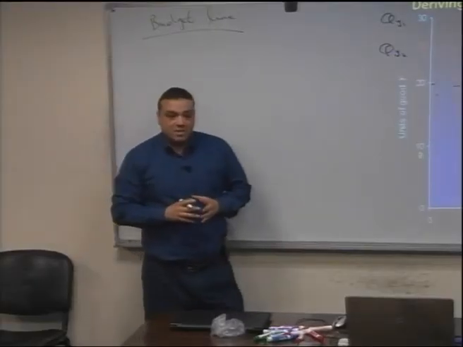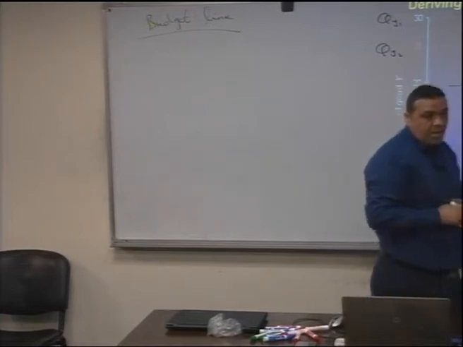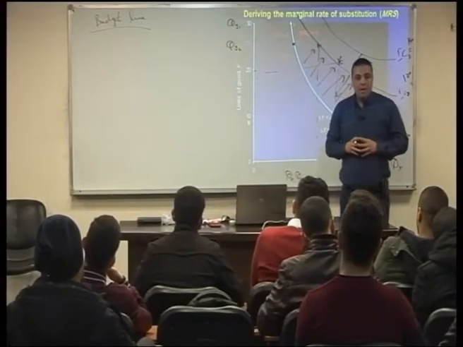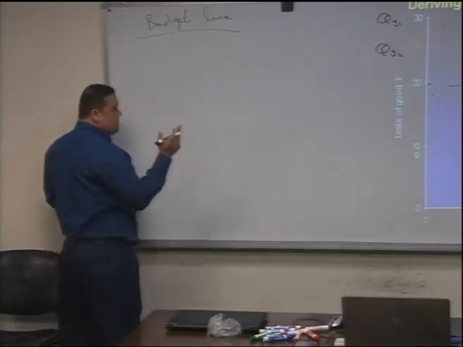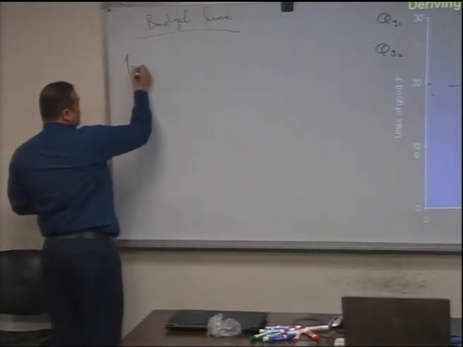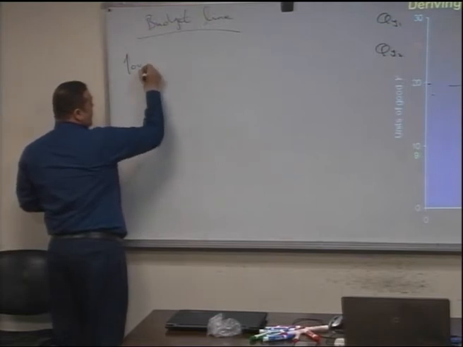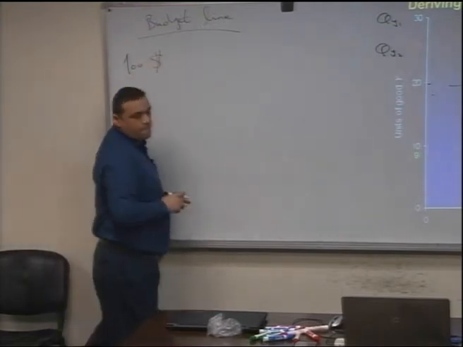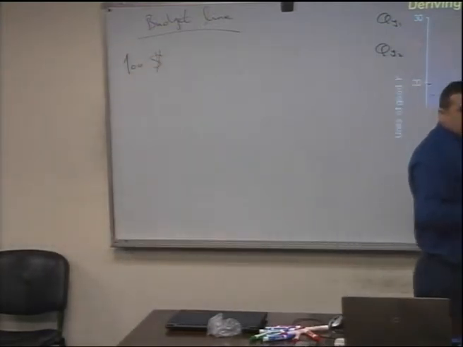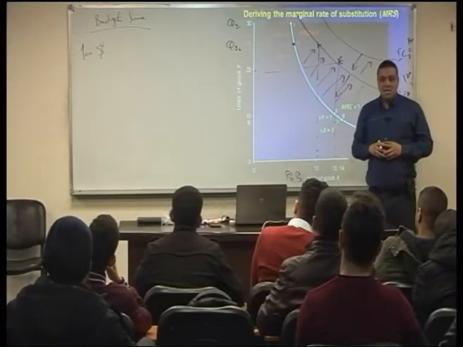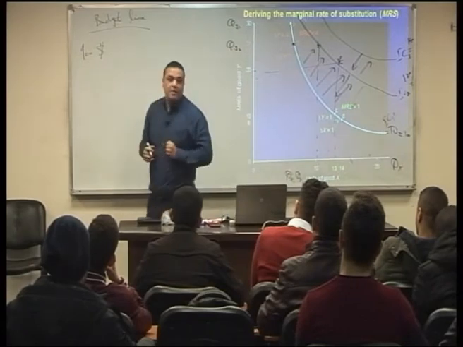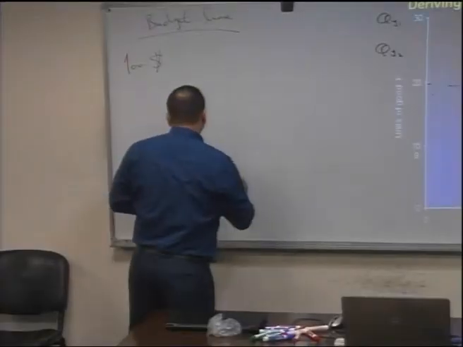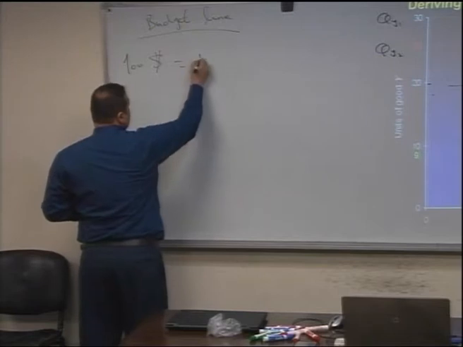Let us assume that we have a rational consumer, and he is granted a salary of $100, and he tends to allocate all of his income to buy two products, X and Y. And let us assume that this is the consumer income.